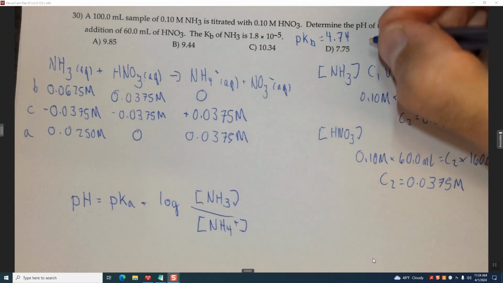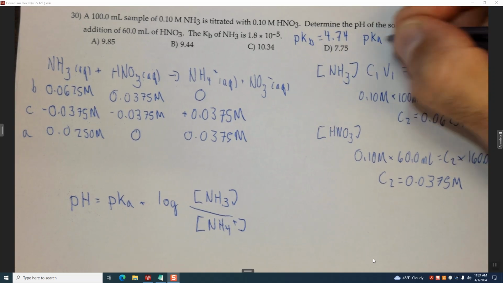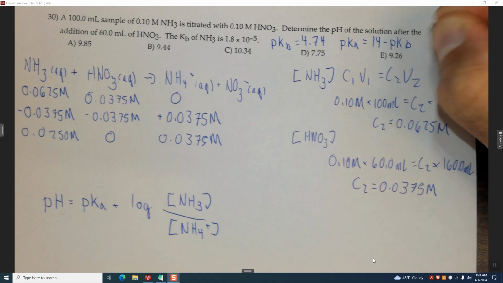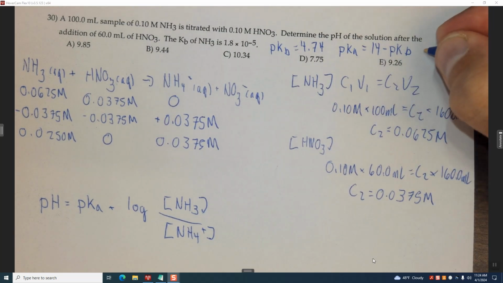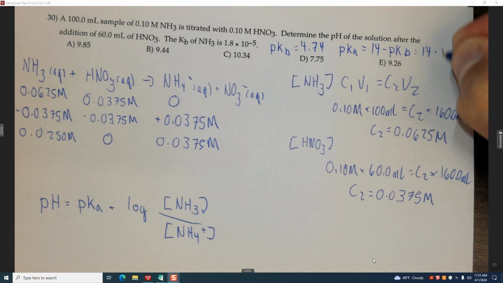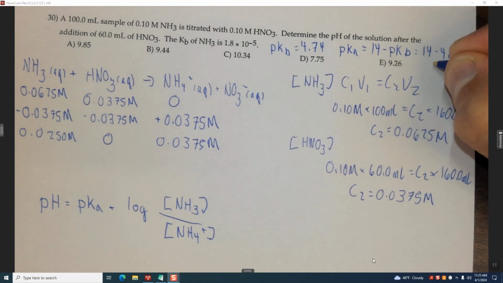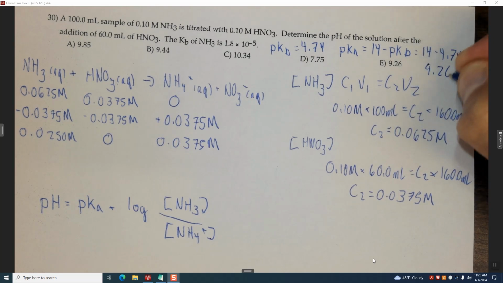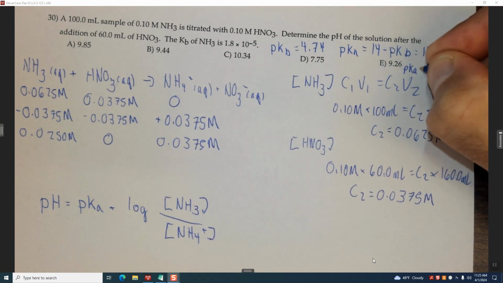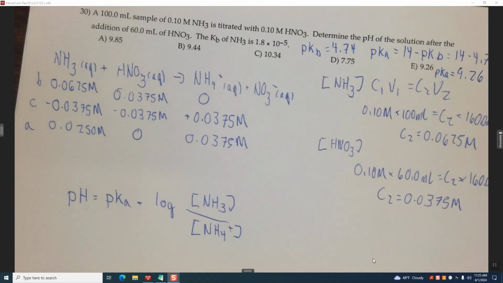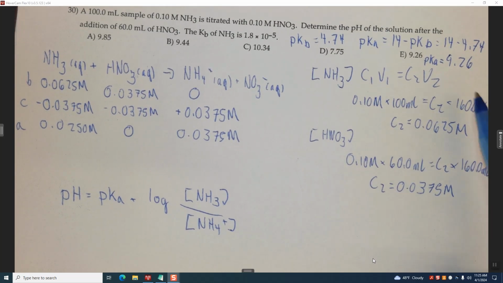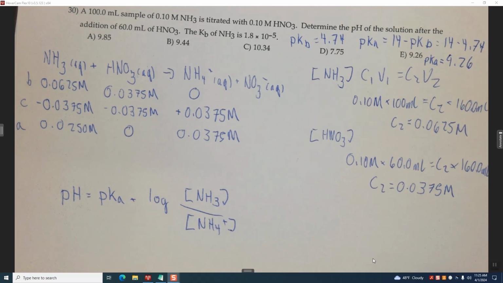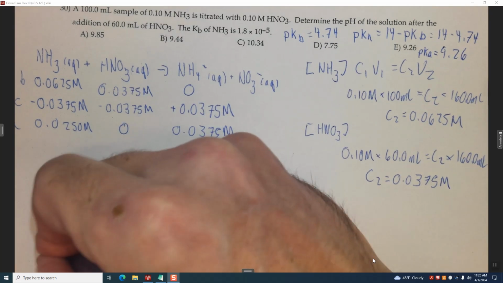We could find the pKa by taking 14 minus the pKb, which is going to be equal to 14 minus 4.74, which is going to be equal to 9.26. This is the pKa of the ammonium. So now we have the pKa. Now we can plug in.